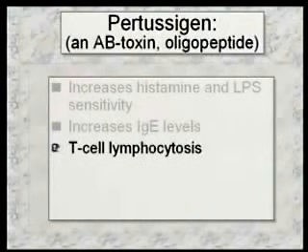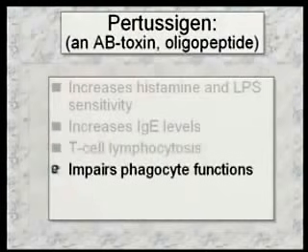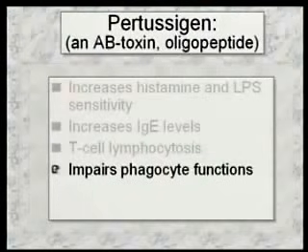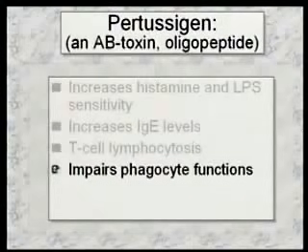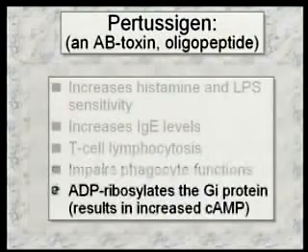T-cell lymphocytosis is a very common characteristic feature, which I mentioned before. It impairs phagocyte functions, both phagocyte internalization and intracellular killing of monocytes and neutrophils. It also reduces their response to chemotactic agents, chemotaxis. So you're going to have all sorts of impairment of phagocytic cells.